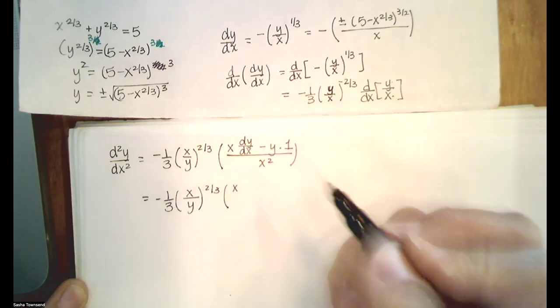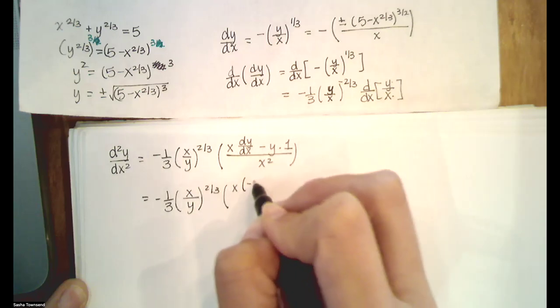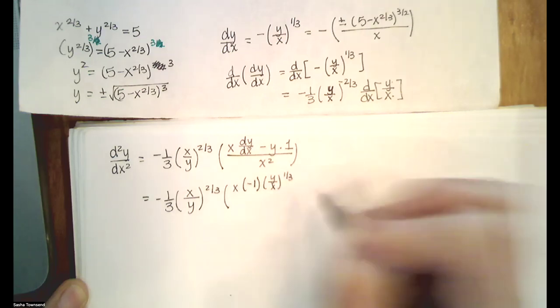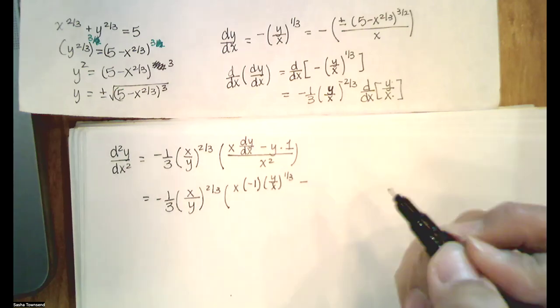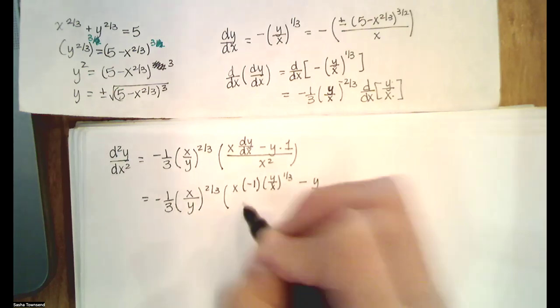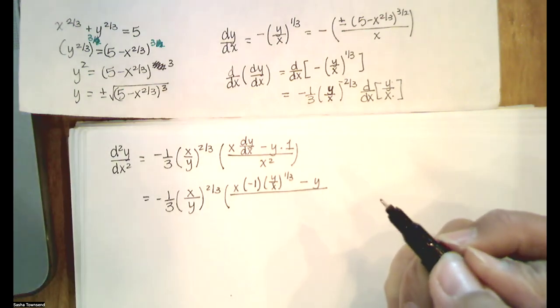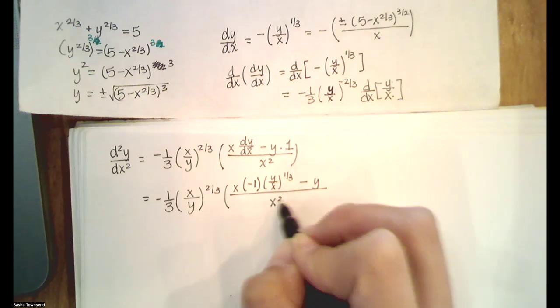And dy dx was negative 1 times y divided by x to the 1/3. And we're subtracting y from that. And then we're dividing by this x squared.